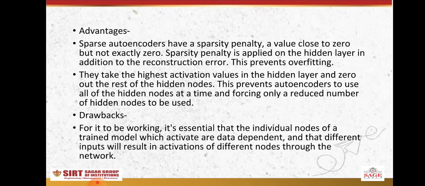In the hidden layer, it induces zero. The values that they introduce are not exactly zero but close to zero, and this generally prevents overfitting. And if we talk about the drawback of sparsity in a sparse autoencoder, we can say that the data dependency will result in activation of different nodes through the network.